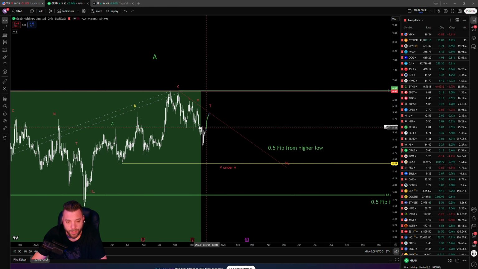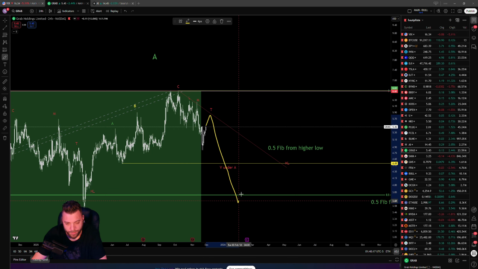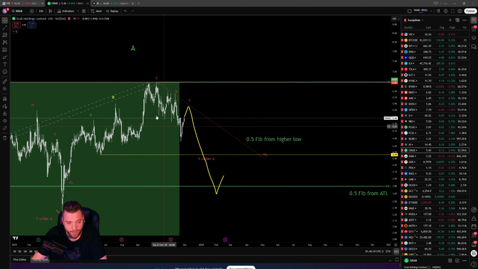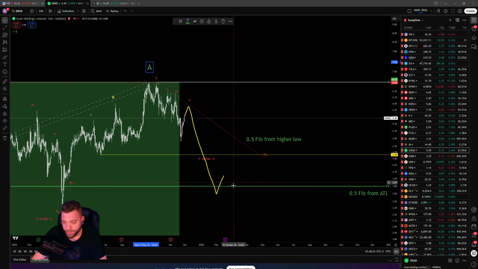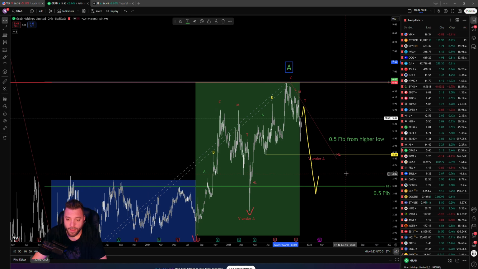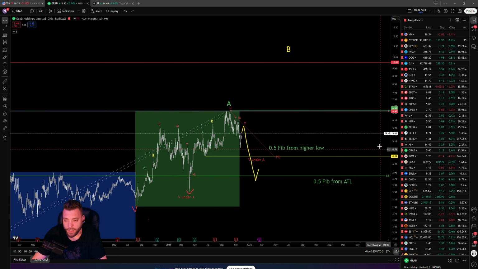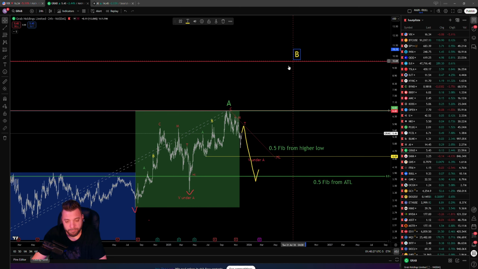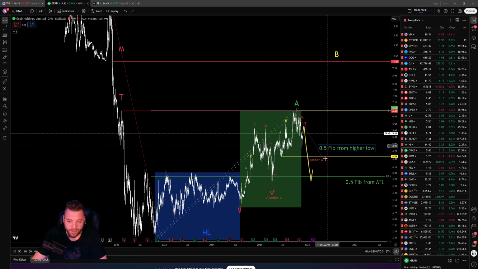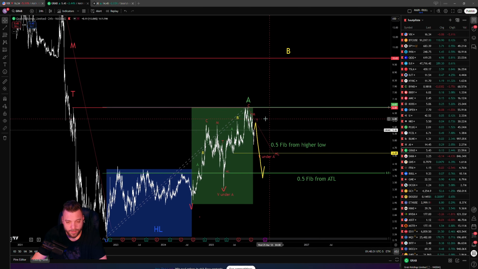So this could be already T, or you still have to go up here and then you will go down. My target for the A pullback is still 380. After that higher low, and after that your target is 10. But I think this right now is so slow moving. This will take time.